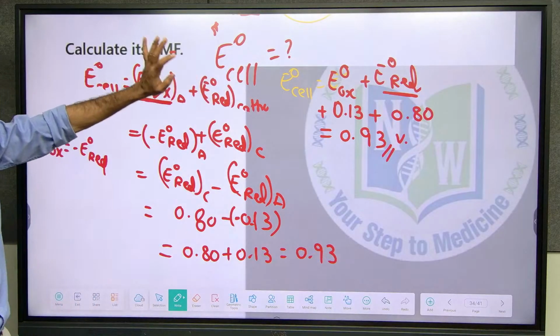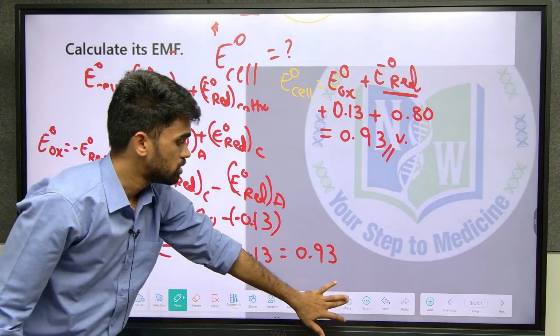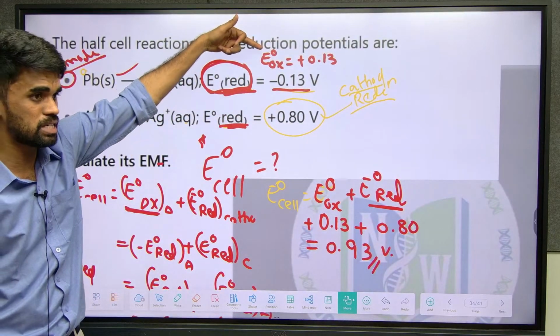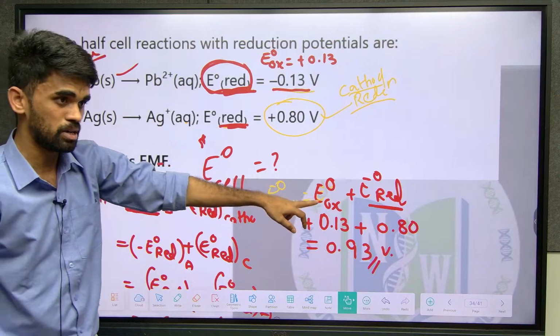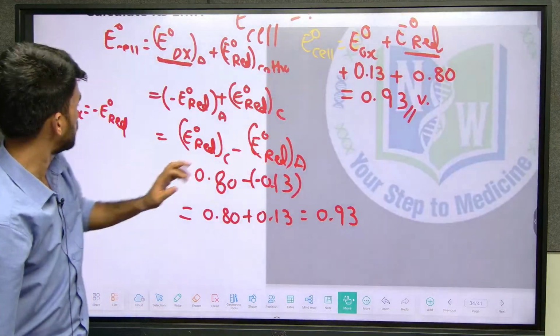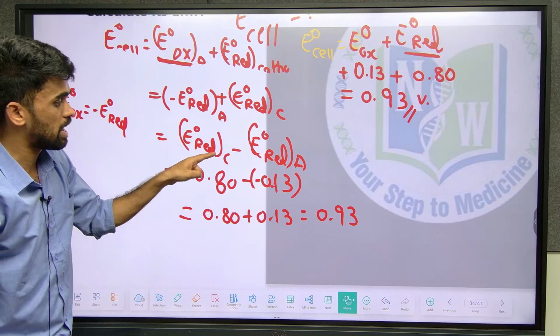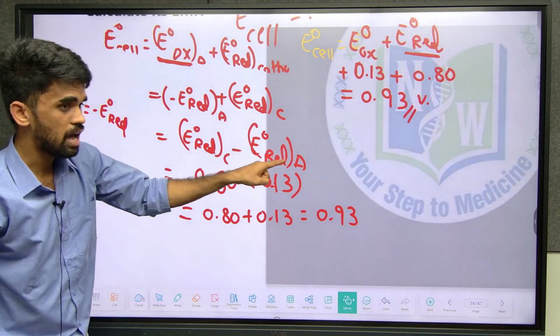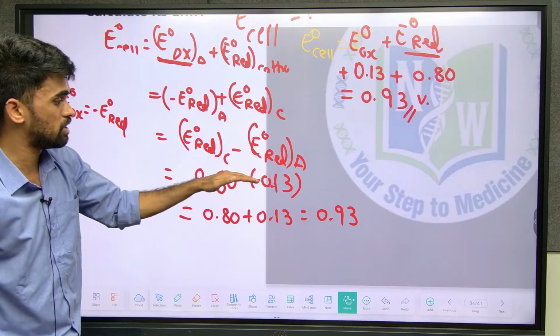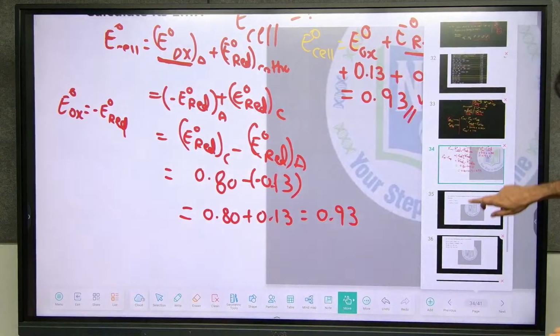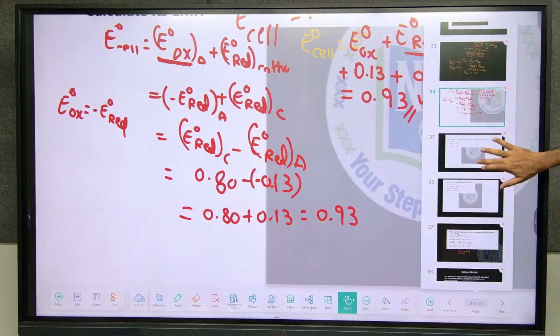Any way you do it, you will get the same answer. Either you convert one value into oxidation potential and substitute it in the main formula, or you convert the final equation to E naught cell equals E naught reduction at cathode minus E naught reduction at anode, and substitute the values as given. Then you will get the answer. Once you do one or two questions, it will be more clear.